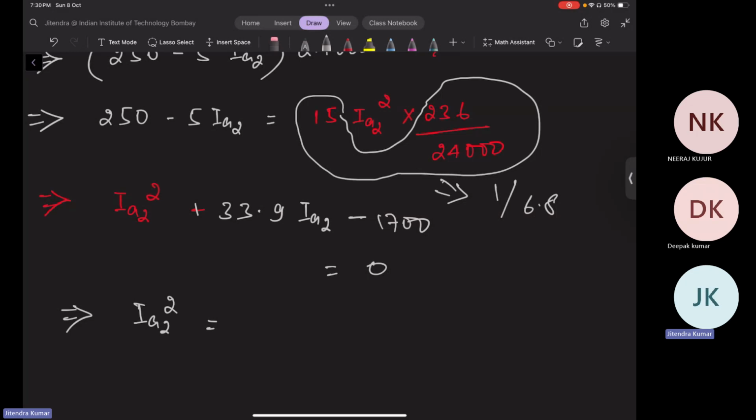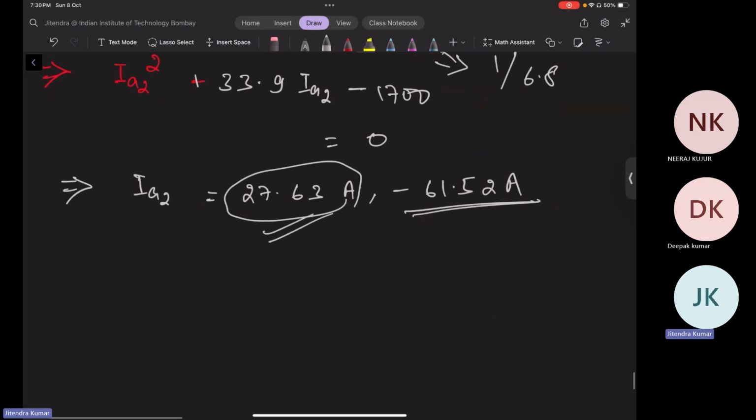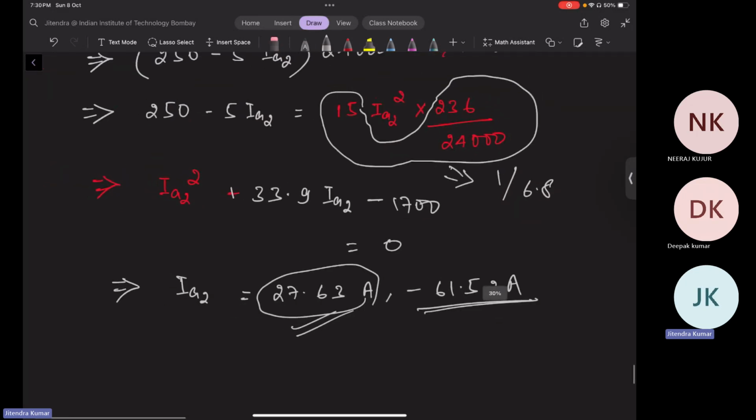We are getting two solutions. Ia2 is equal to, from the calculator, 27.63 amps, and the other is minus 61.52 amps. So of course, minus 61.52 doesn't make sense here. So 27.63 amps will be the correct answer. I hope you also got the same answer, right?